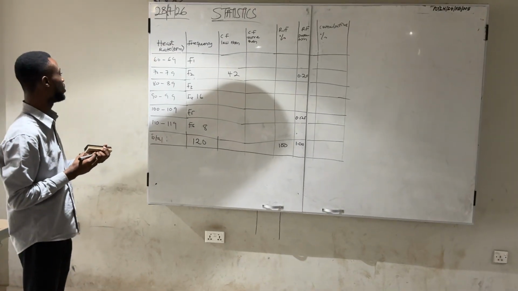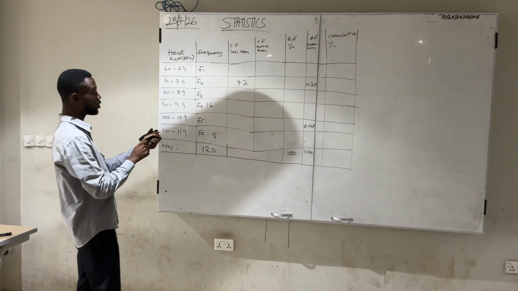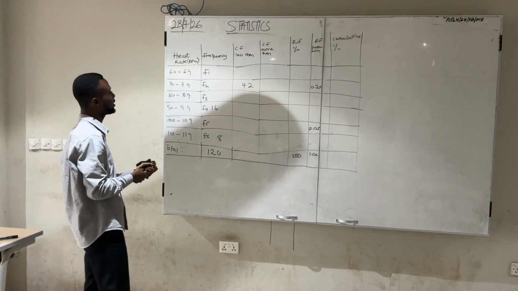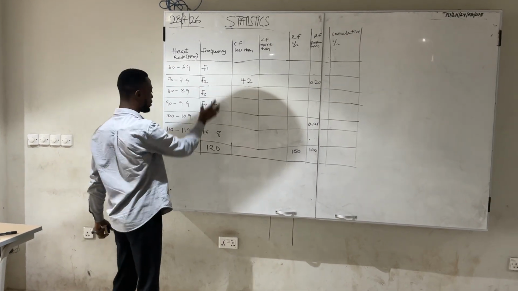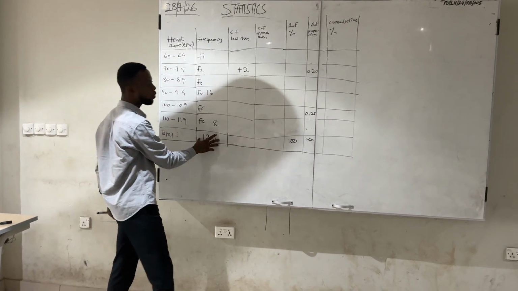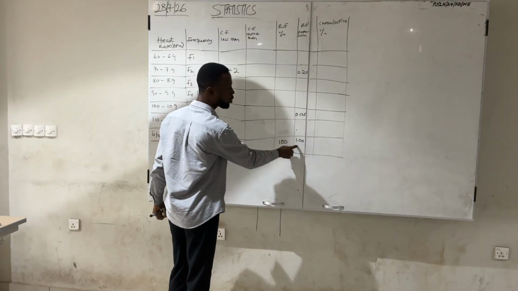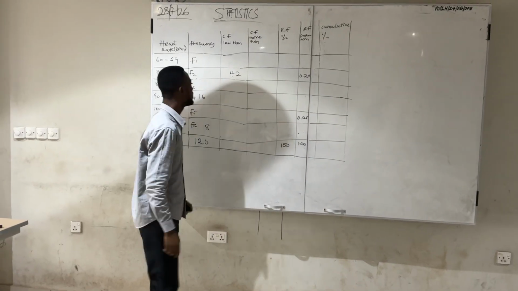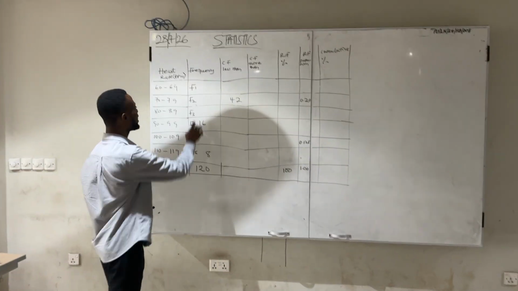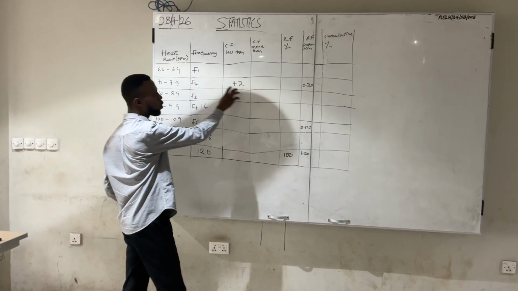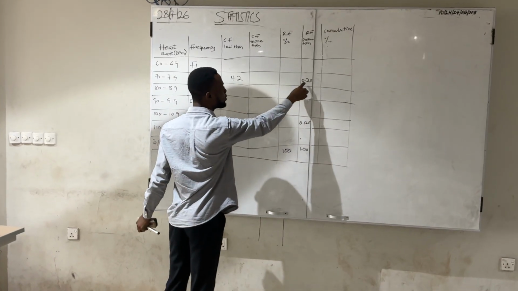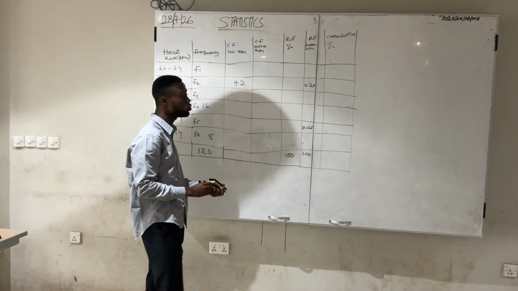Now, on the board we can say that the total frequency, which is 120, corresponds to the relative frequency proportion 1.0. Then F2 corresponds to the relative frequency proportion 0.20.